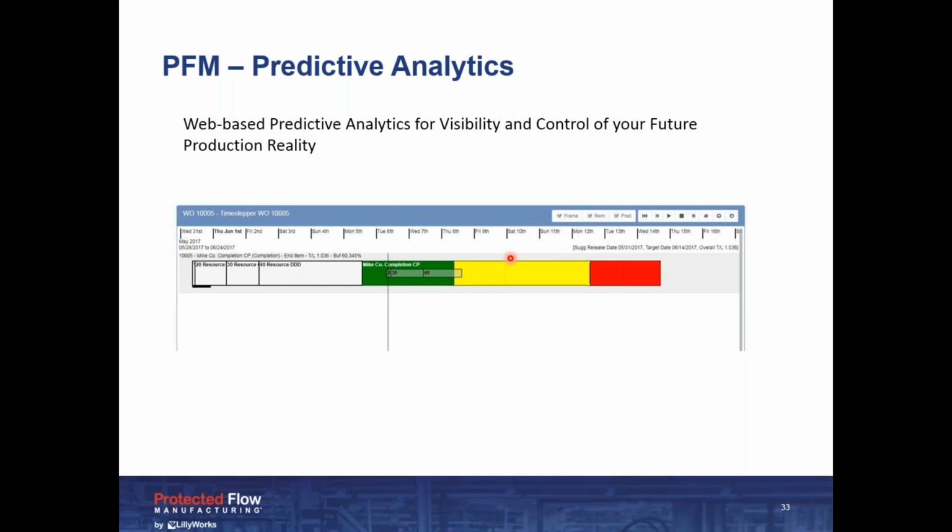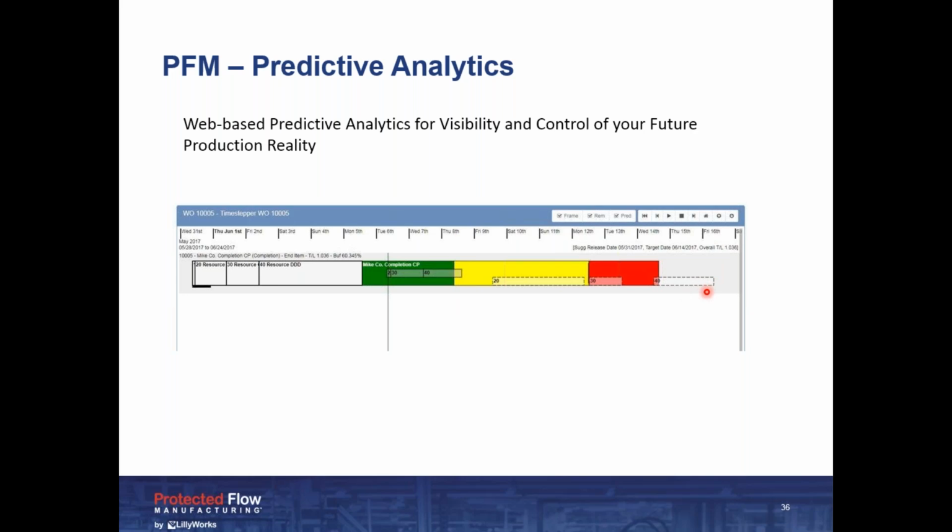So based upon all the other work that I've got out in the shop, this is actually when each of the remaining operations is predicted to start and finish. So this is actually predicted to finish 2 days late, in spite of the fact that theoretically I could get it done much sooner.